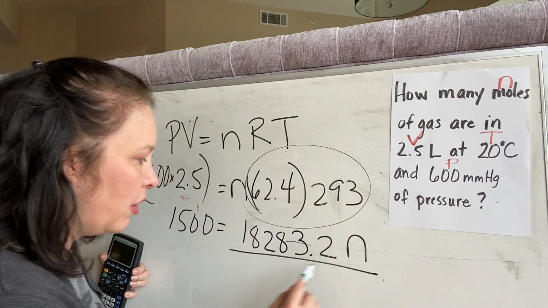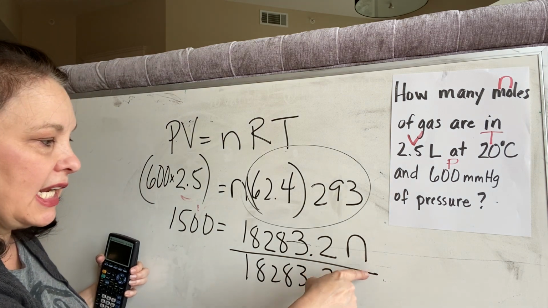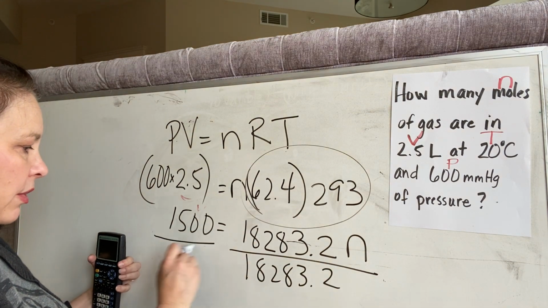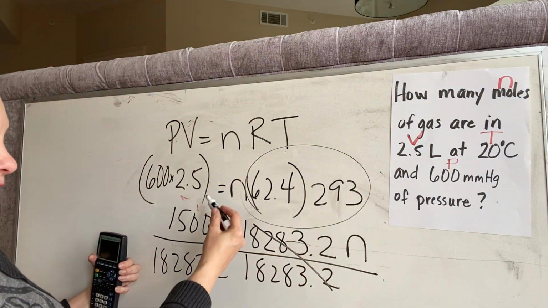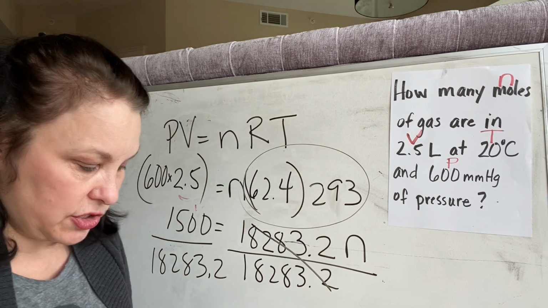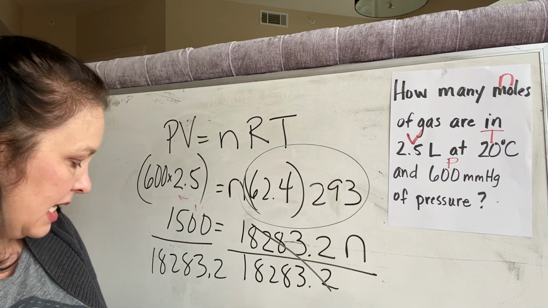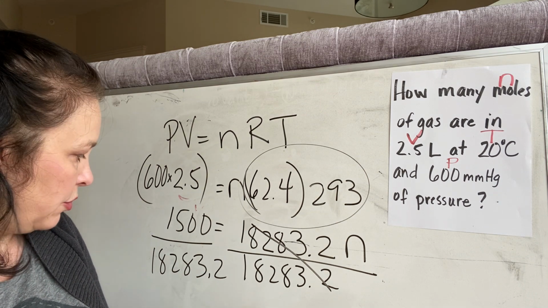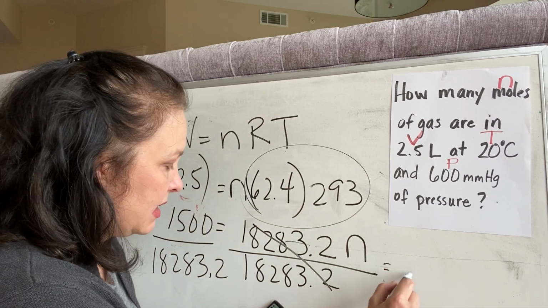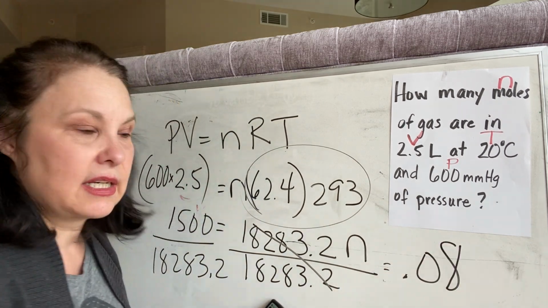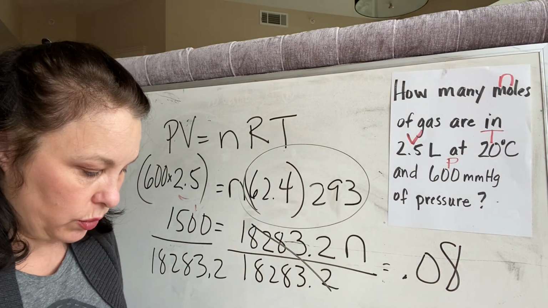Again, we follow the old algebra rule, where I leave the N here and I take that number over. I divide that out and I get my answer, which is 0.08. And that is moles. So that will be 0.08 moles.